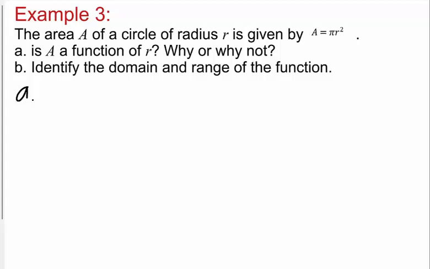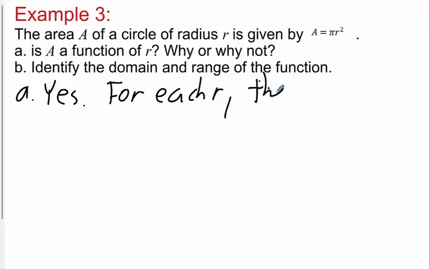If I put in a value of r, how many values of A can I get out? Only one. So yes, for each r, there is only one A.